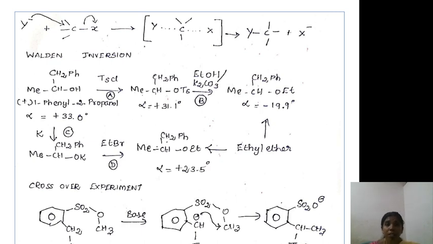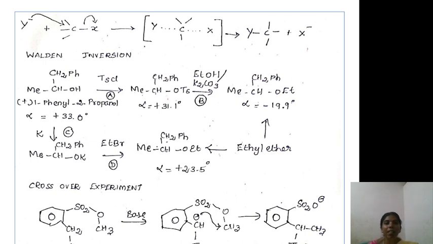In the single step, an intermediate is formed, which has such dotted lines. That is known as the intermediate, and at the end of the stage, the leaving group gets detached from the compound.